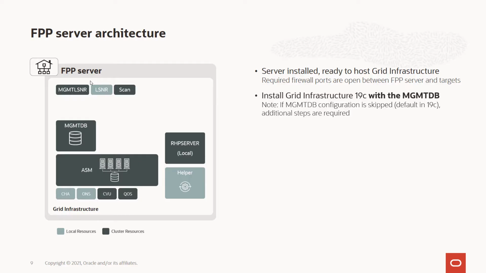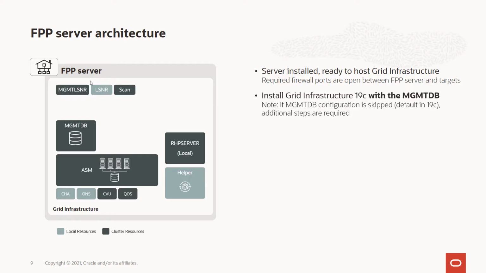And after you have that, well, there is this local RHP server that might be configured out of the box if you install everything with the management repository, but this is the local mode FPP that I will not explain today, but just to let you know that you can do some tasks with it, for example, database patching and grid infrastructure patching, but you have to take care in local mode about installing the images.